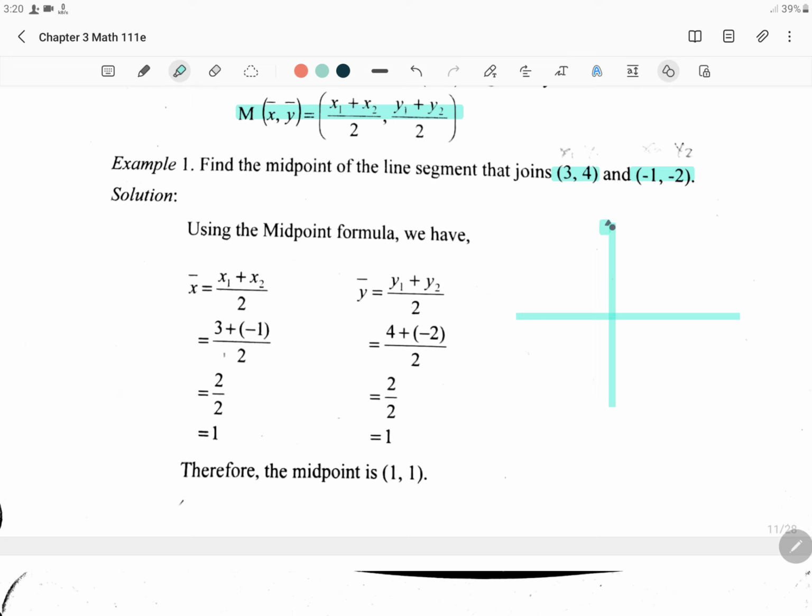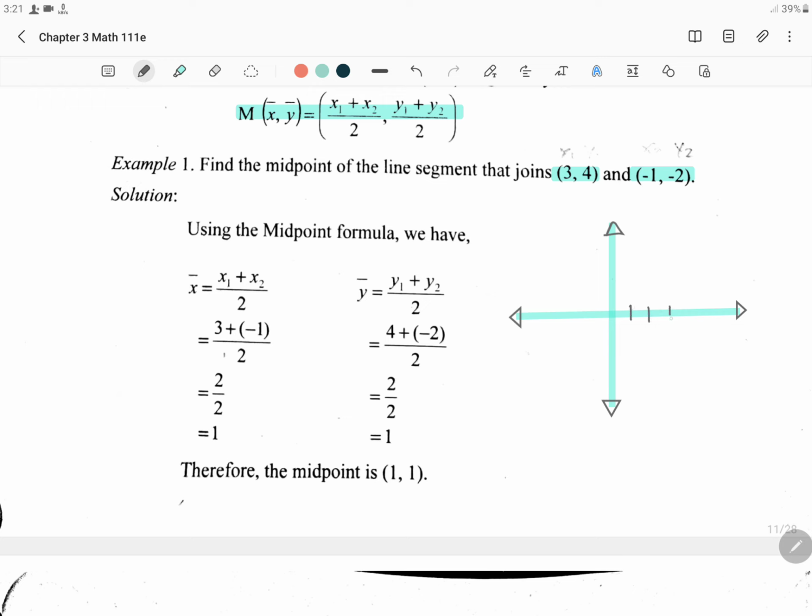Wait lang ha. So say for example, gawa ko dito ng lines ng number line.